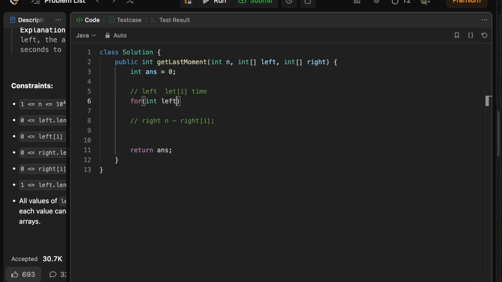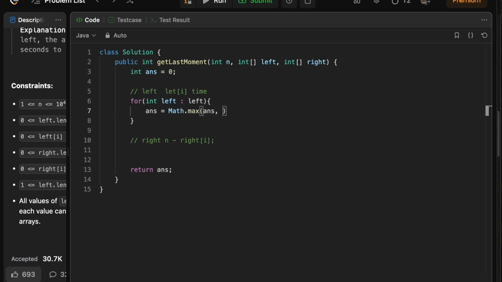So let's first consider the left part. Okay, for the left part, answer is equal to Math.max of answer and the left itself, we can take it as l.